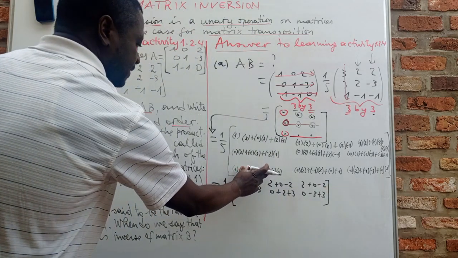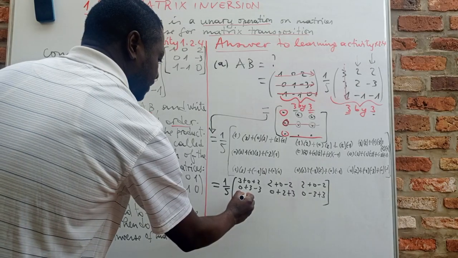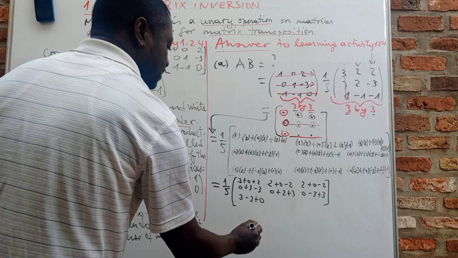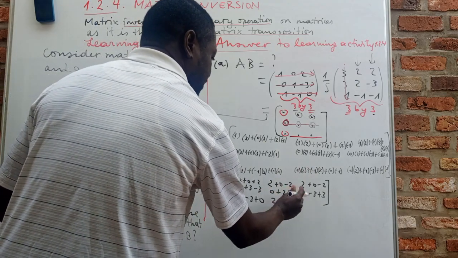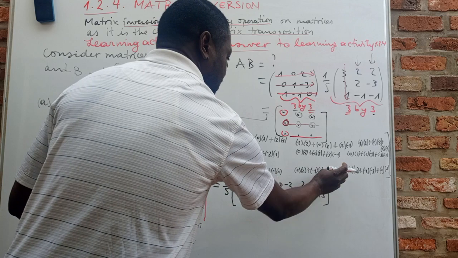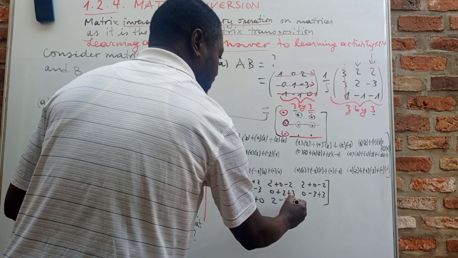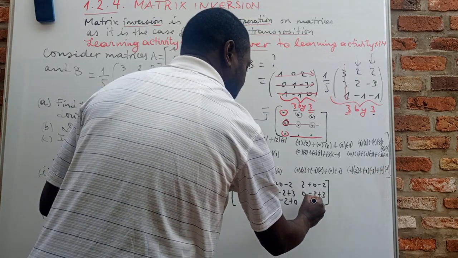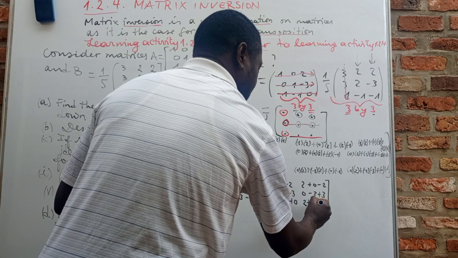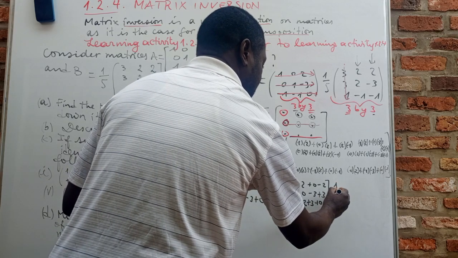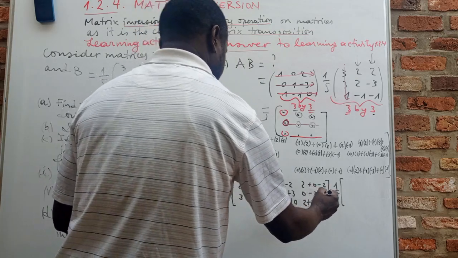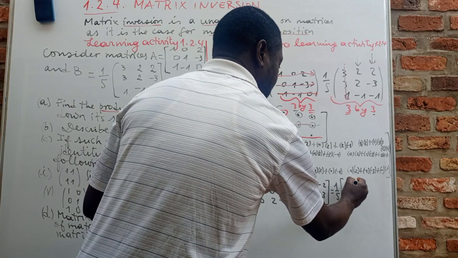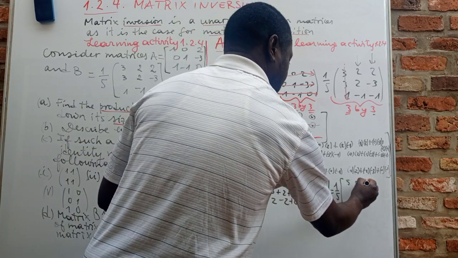Okay, now next, this element is 3 minus 3 plus 0. So this is 2 minus 2 plus 0. So this is 2 plus 3 plus 0. And what I get is a matrix. Now this is 5, then 0, then 0.